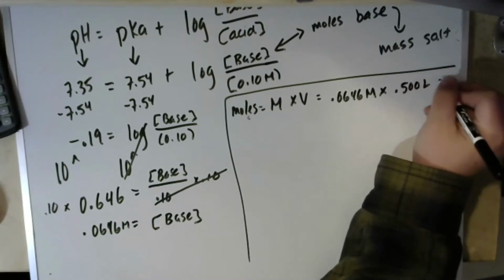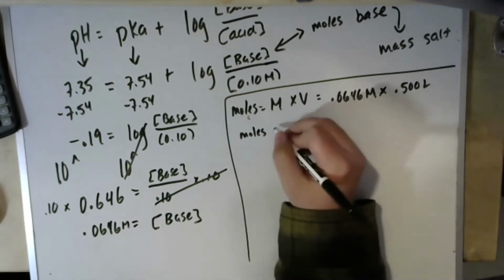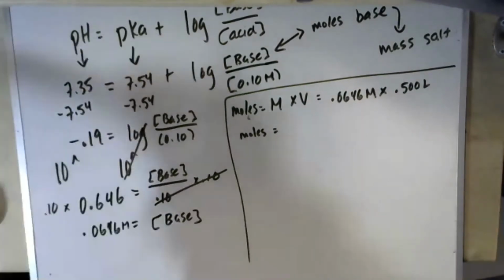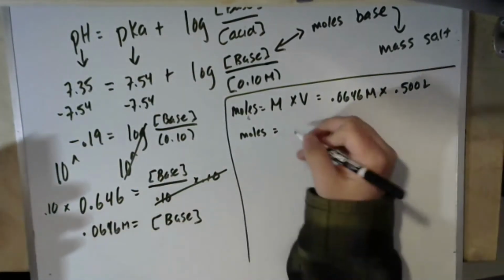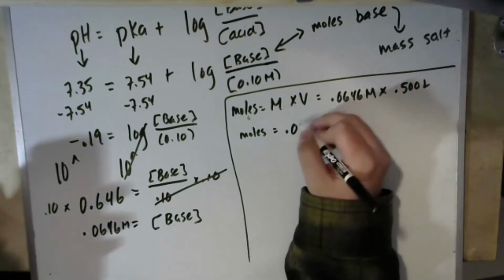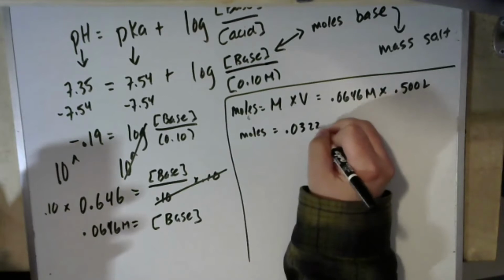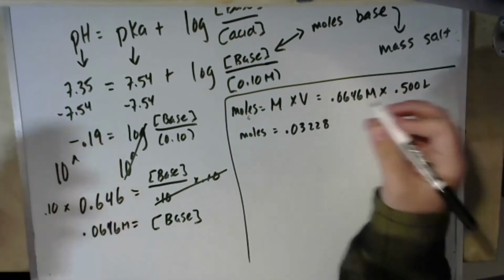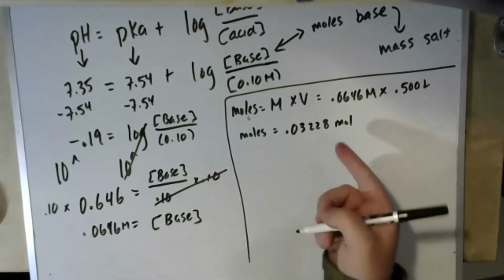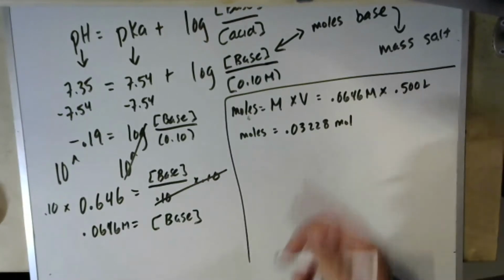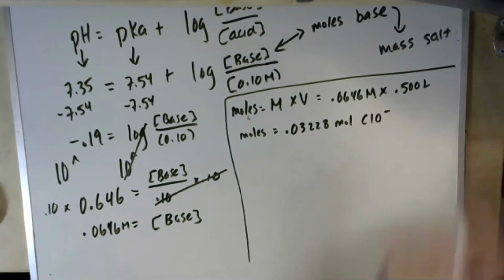So we'll turn that into liters. And the moles of our base is going to be 0.03228. Okay, so this is the moles of our base. And our base in this case is ClO minus.